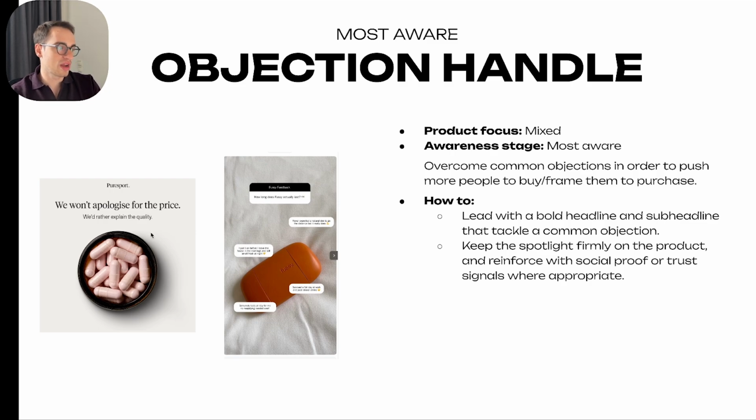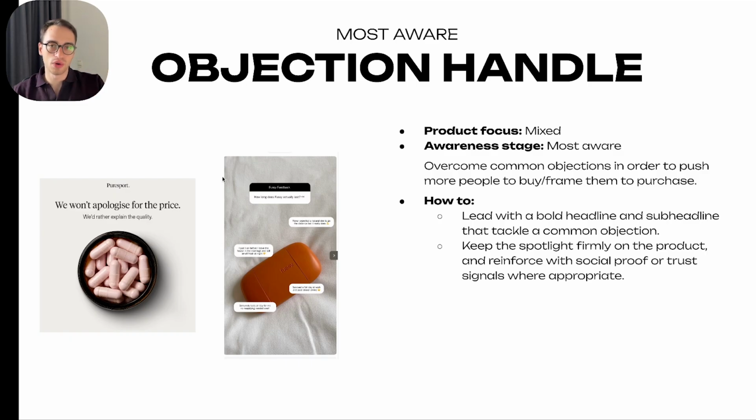Another great one, also from Fussy, who are actually doing quite great work on paid, so have a look at the ad library as well. A very native format: it looks like those polls or questions that they have on Instagram stories. And it goes into how long does it actually last.